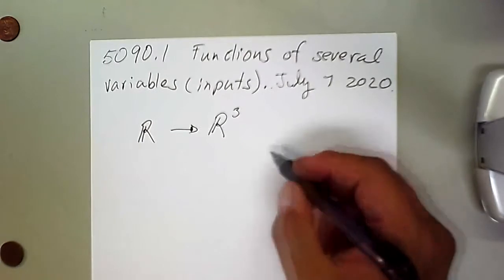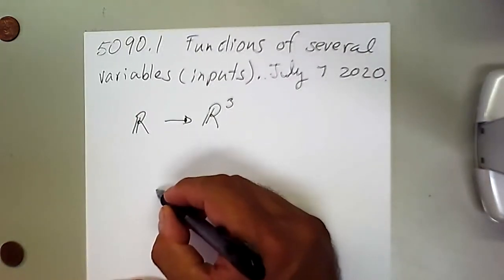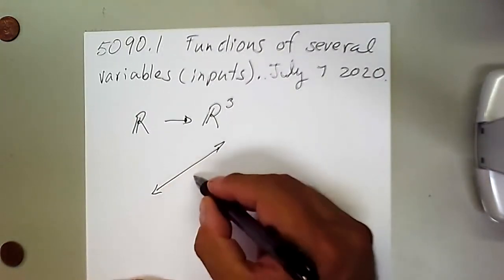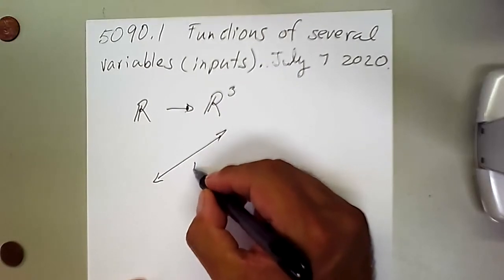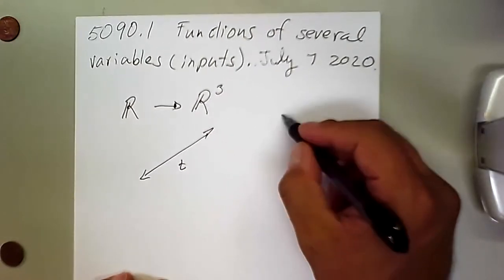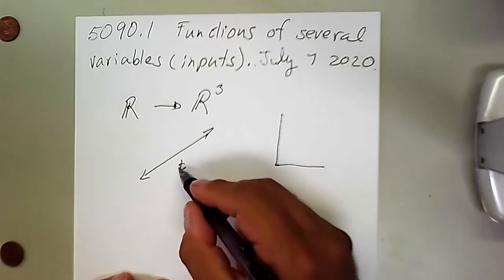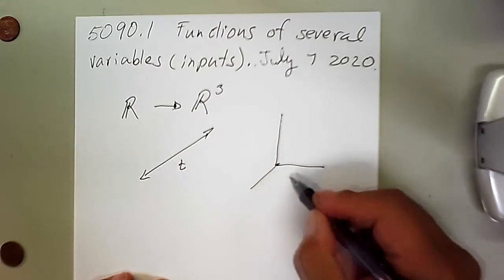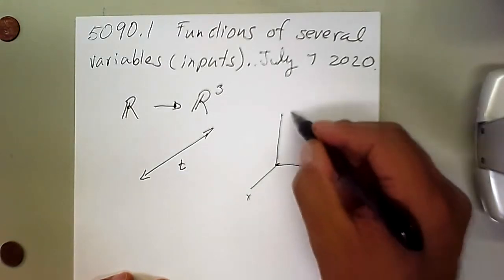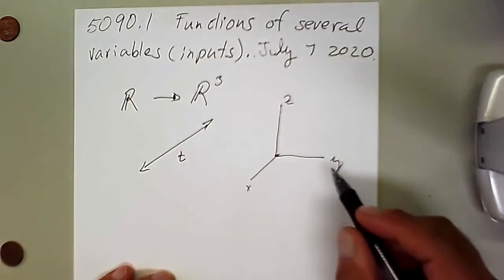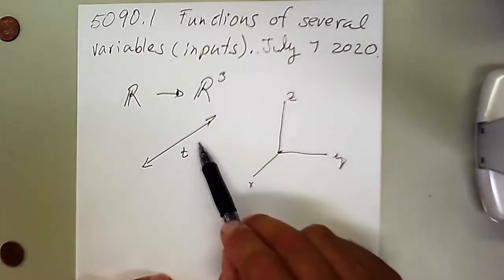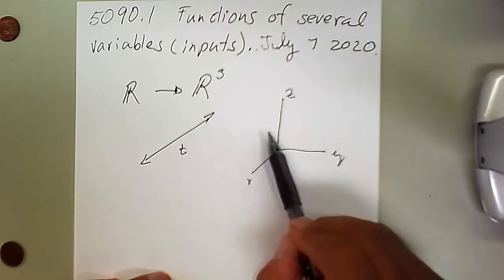So here we can represent the domain with one line, these are the inputs, and the outputs are in the X, Y, Z space. And we cannot really represent this with one picture.